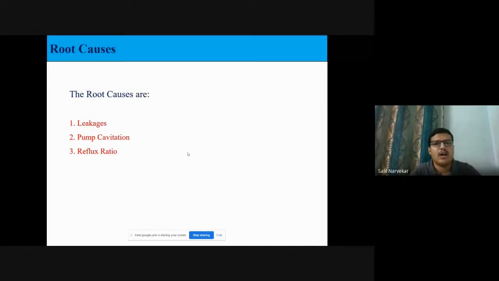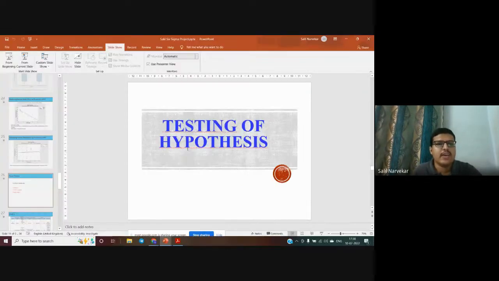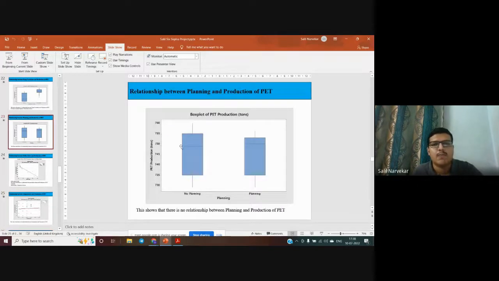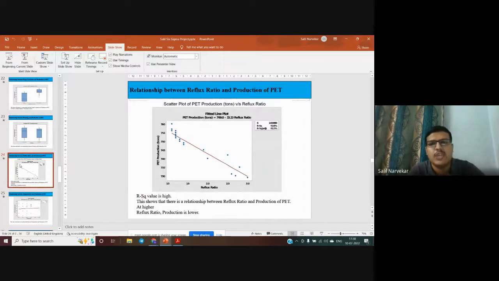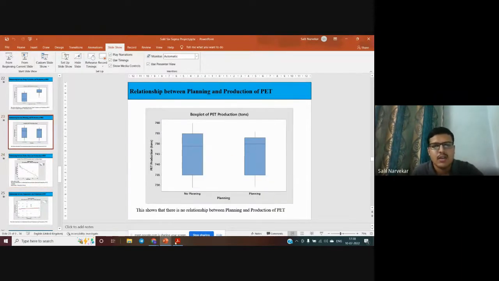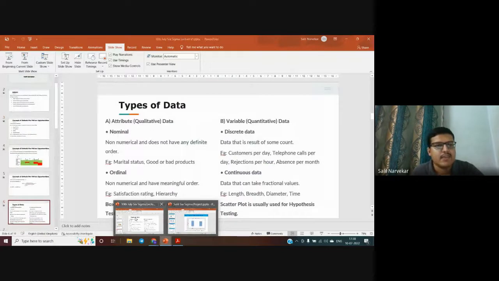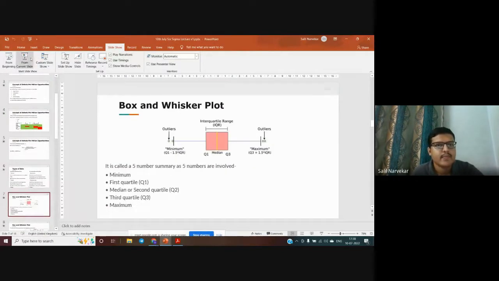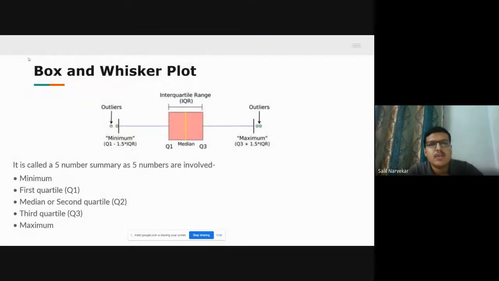So now you must be curious, what is this box plot exactly? Scatter plot, I'm quite sure that all of you must have used at one time or another in Excel, but what is this box plot here? I would like to highlight some things about that. A box plot is also called a box and whisker plot, and also called a 5-number summary.